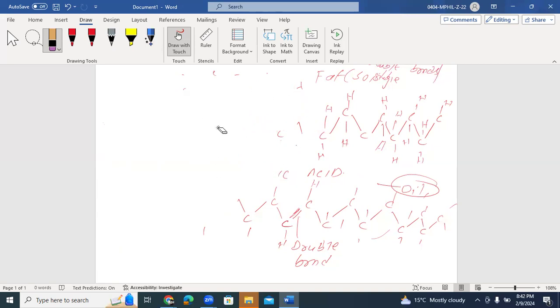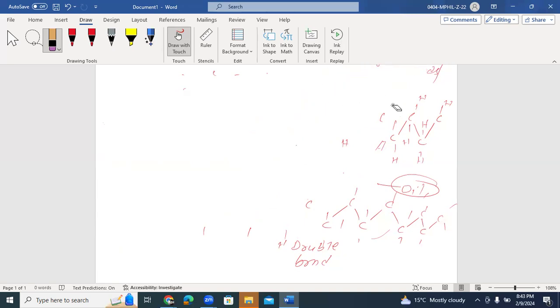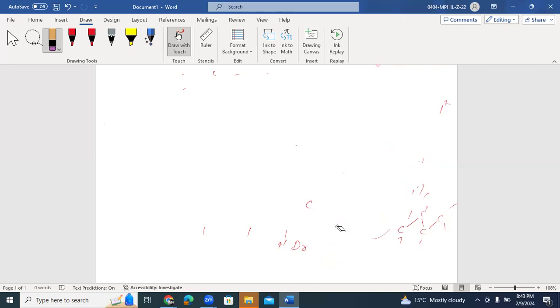That's why it is triglyceride. Triglycerides are the combination of one glycerol, because glycerol has the capability to attach with 3 fatty acids. Are you getting this point?